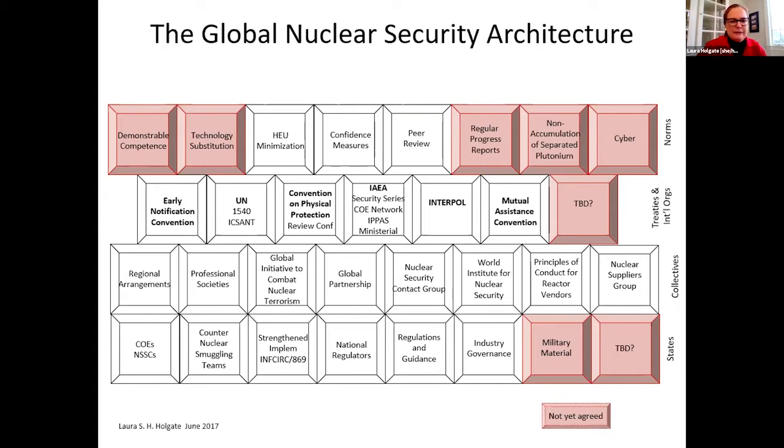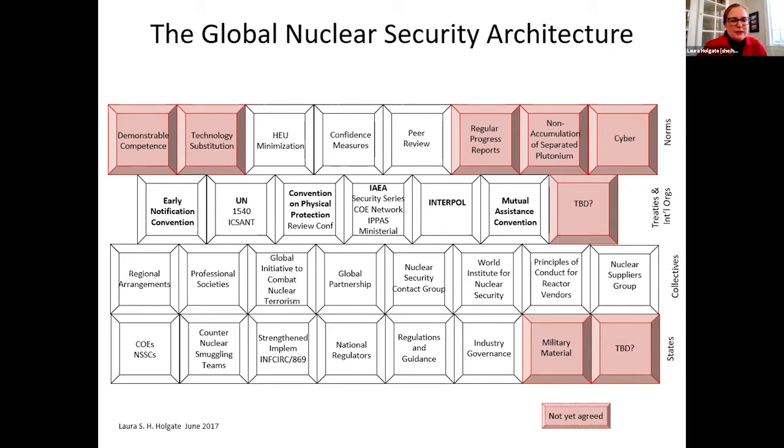Now, on the next level, the treaties and international organizations can enhance and sometimes drive international obligations and commitments that then result in activities and behaviors at the national level. So the central element for nuclear security among the treaties and international organizations is the International Atomic Energy Agency and its various nuclear security activities.